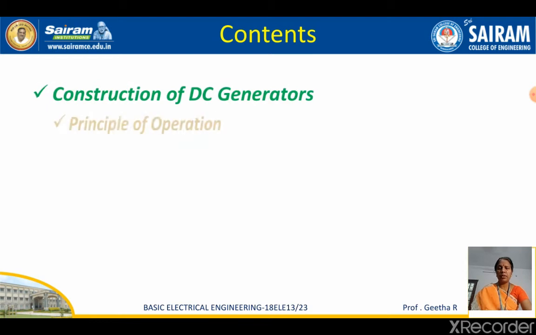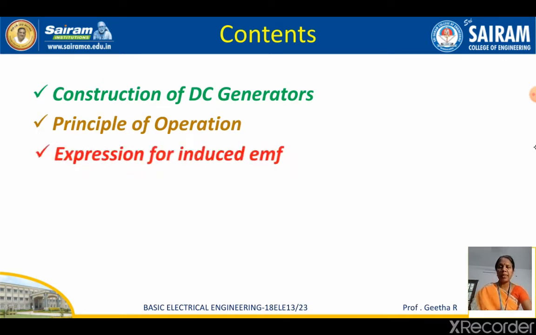So, in this module, under DC generator, you have the construction details of a DC generator. Whether it is a DC generator or a DC motor, the construction is the same, so you can say it is the construction of a DC machine. Then the DC generator principle of operation and the expression for the induced EMF.